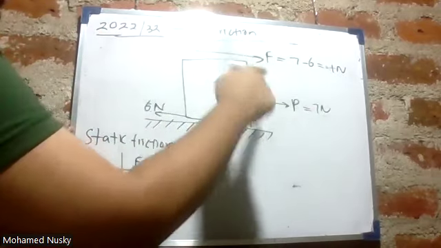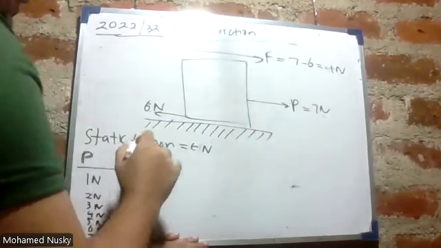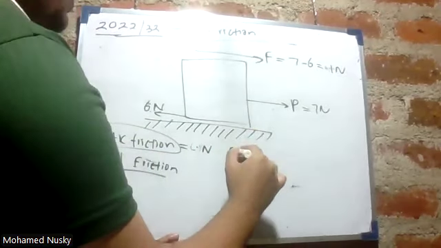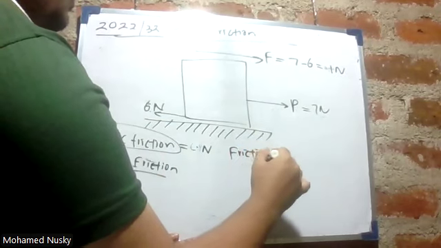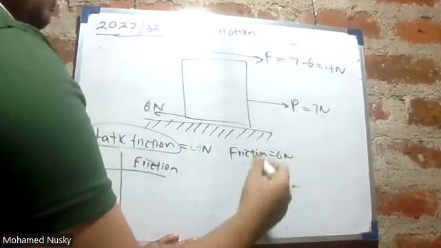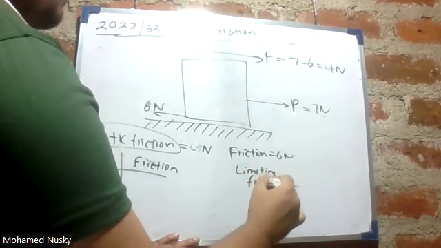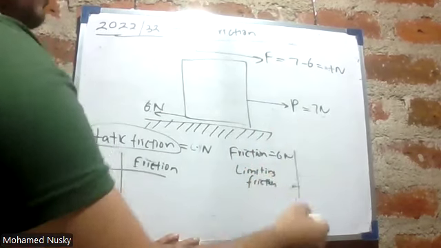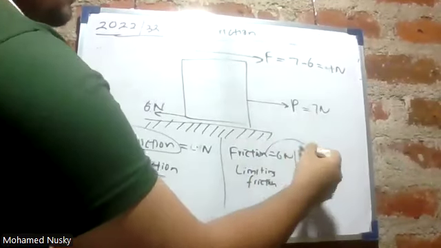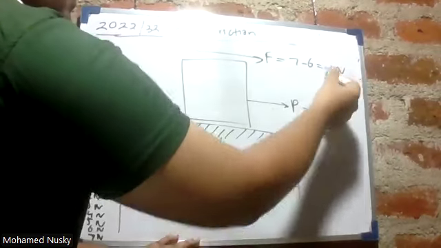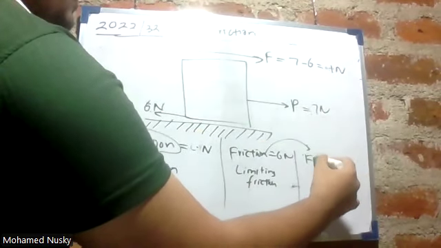When the object moves, what is the friction acting? Initially, it was static friction. And when the friction becomes 6 Newton, the limiting friction will be acting on the body. After that, once the force is further increased, when I apply 7 Newton, what is the friction acting?